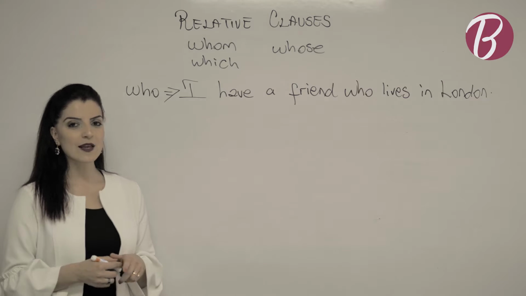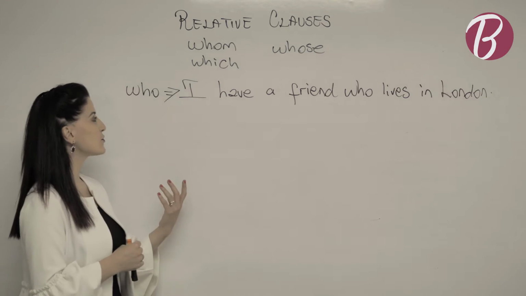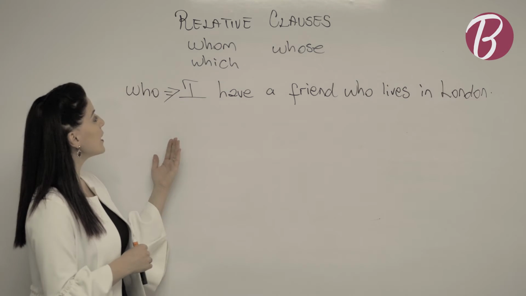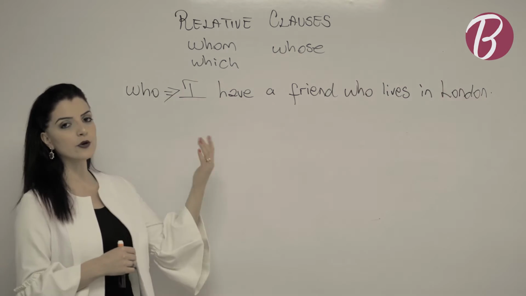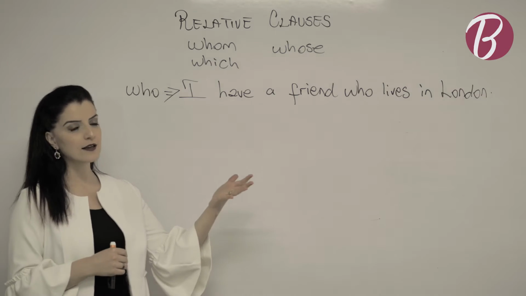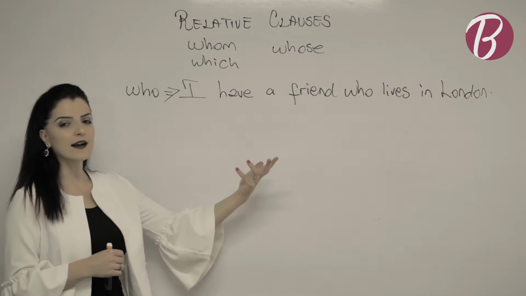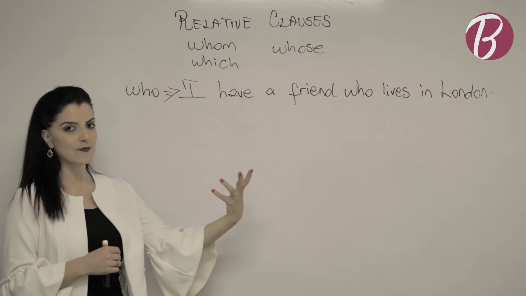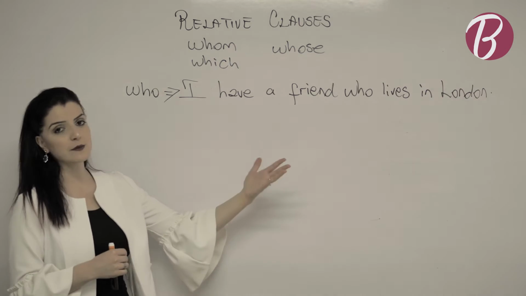In English, as you can remember from your previous information, we use who, which, and that to define some people, some objects, or something. So some item may be animals.